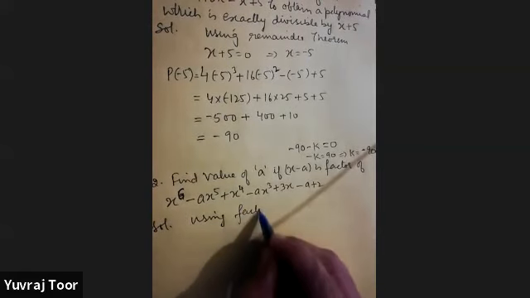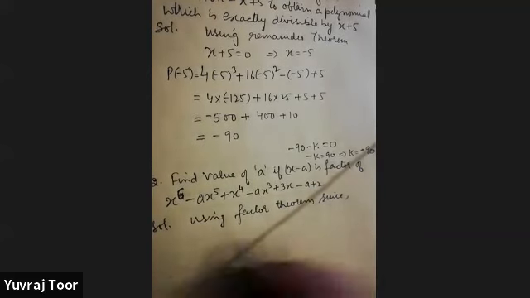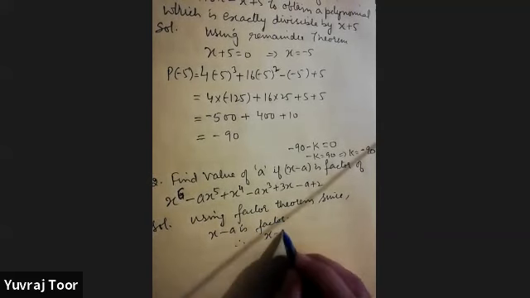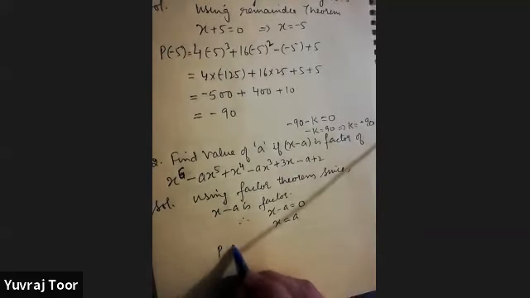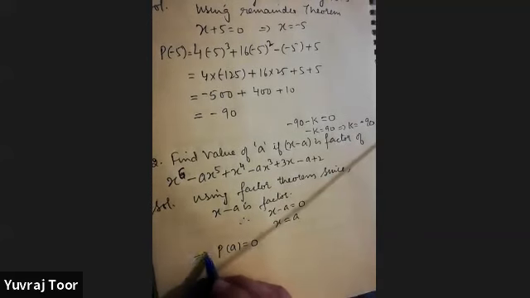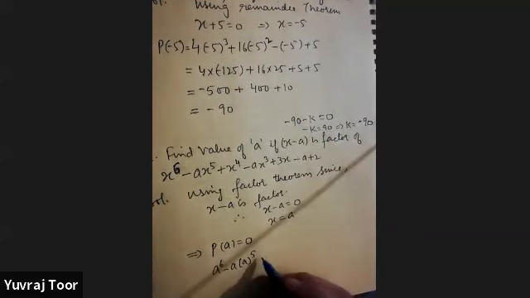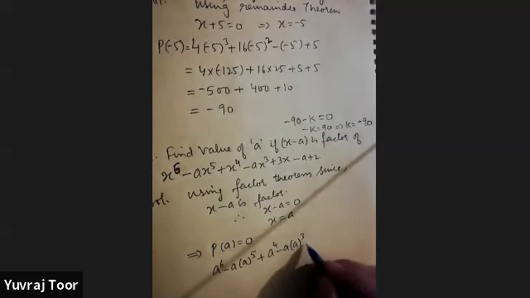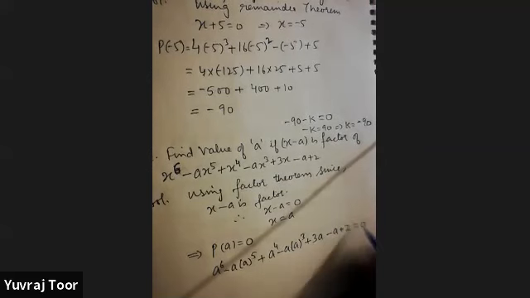Using the factor theorem, since x minus a is a factor, therefore x minus a equals to 0, x equals to a. p(a) equals to 0. a raised to power 6, a raised to power 5, plus a raised to power 4, a into a raised to power 3, 3a minus a plus 2 equals to 0.